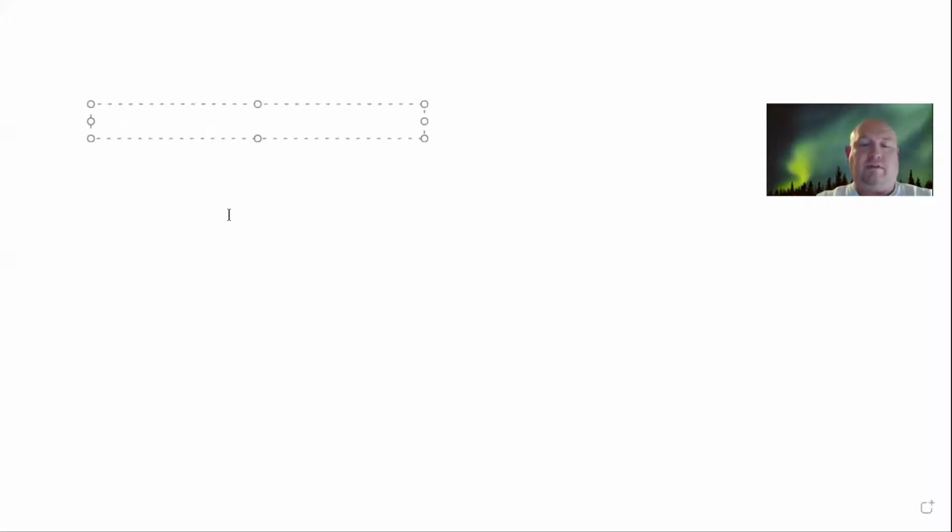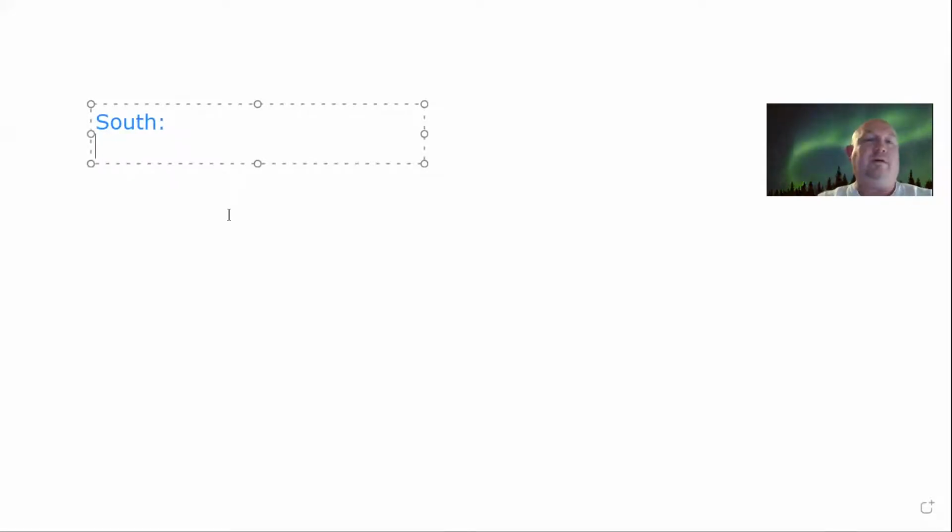First, let's talk about the South. Farming, cash crops is how we're going to call it, are going to be the key thing. Cash crops included rice, tobacco, indigo, things that could be sold for a profit.